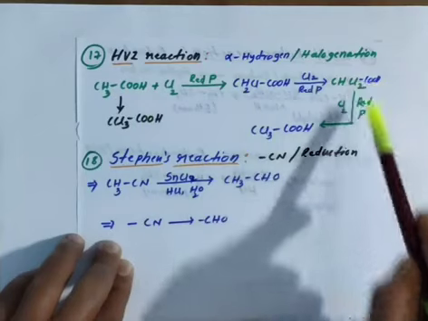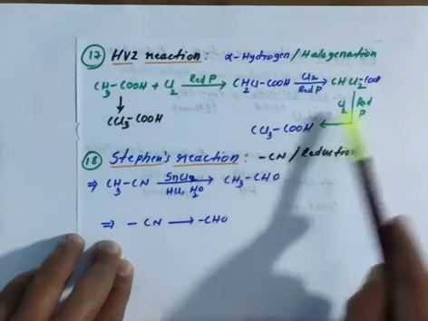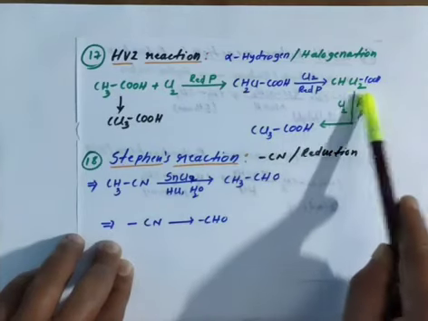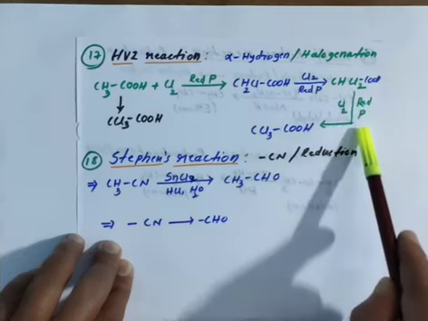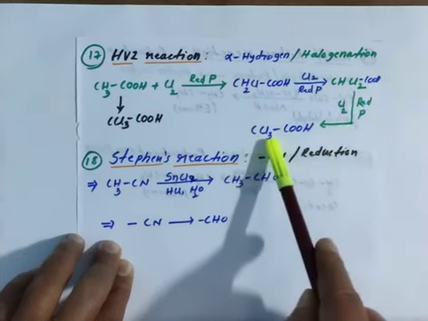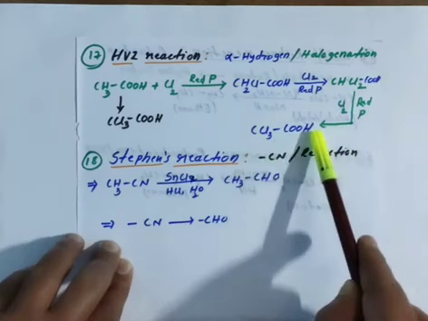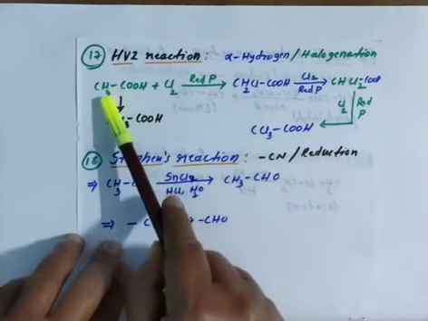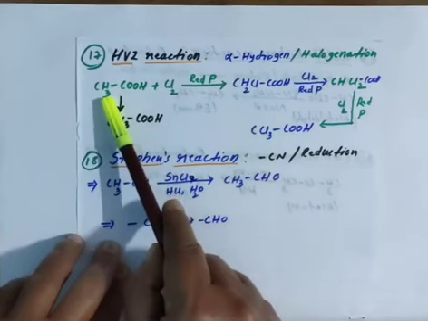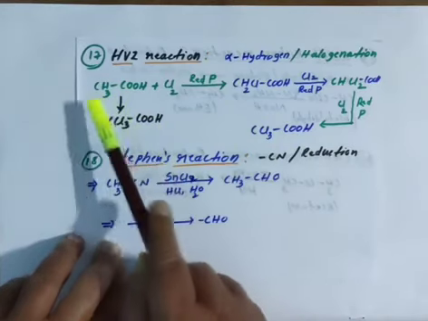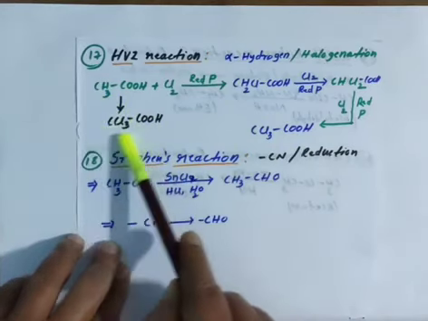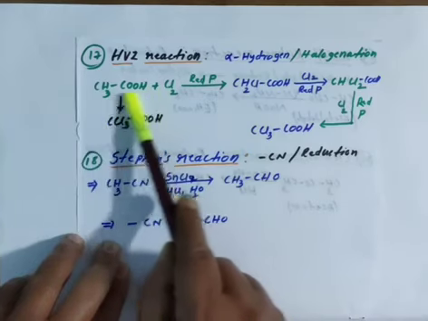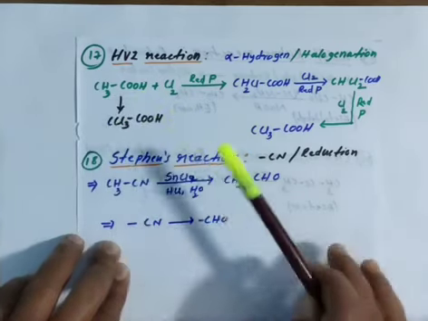Next another hydrogen is replaced, CHCl2COOH. Next another hydrogen is replaced, CCl3COOH. So from the alpha carbon all hydrogens are substituted by halogen atoms. CH3 is converted to CCl3, the COOH group remains the same.